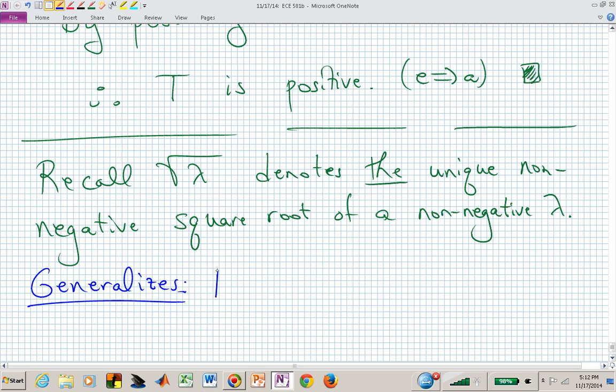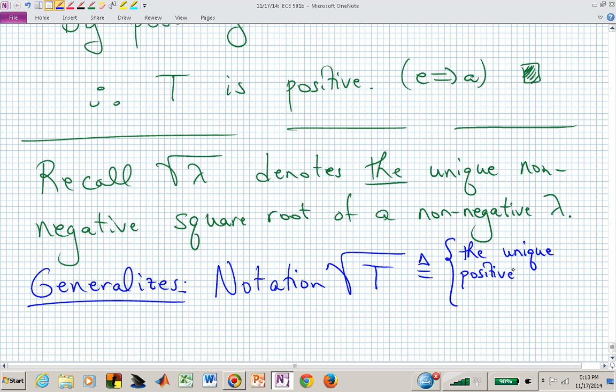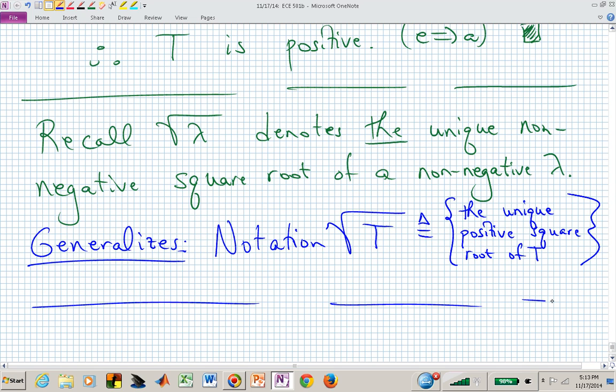This now generalizes, and so the notation that we will use is that the square root of T, where T is some linear operator, we're going to define that to be the unique positive square root of T. So when I do the square root of an operator, that's what I mean. I'm going to try to find the unique positive square root of that operator.